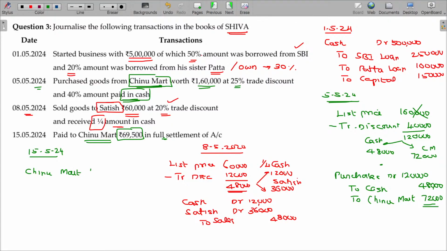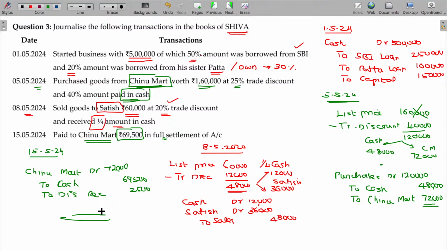Chinnumart account debit 72,000. Sir, we are paying only 69,500. Yeah, but the entire due payable to Chinnumart is closed. The entire due 72,000 is closed to bank or cash. The payment being 69,500, another 2,500 may be gain for us, named as discount received. Is that clear?